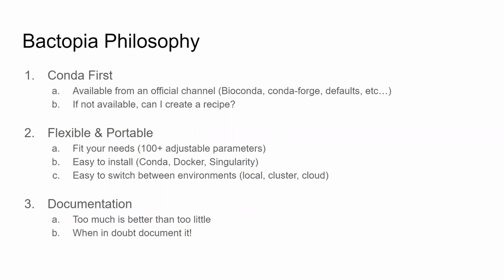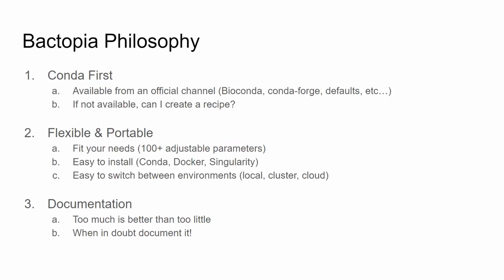So my philosophy when I developed Bactopia was, one, to be Conda first. Make sure everything that is used by Bactopia is available from an official channel, such as BioConda, CondaForge, or defaults or R or whatever. And if it's not available, can I create a recipe?